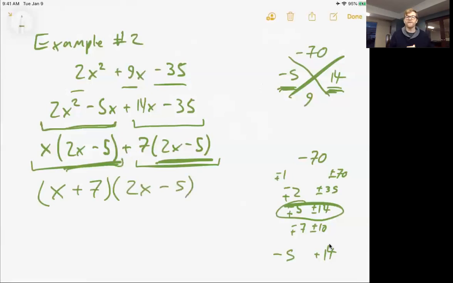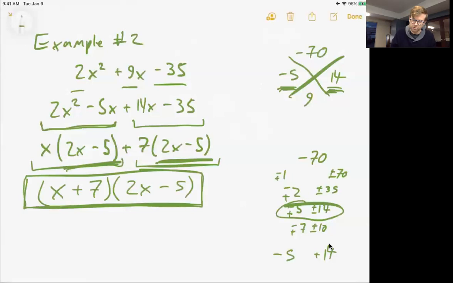The 2x minus 5 got factored out of both the x times 2x minus 5 and the 7 times 2x minus 5 terms, and left us with two binomials factored, okay?